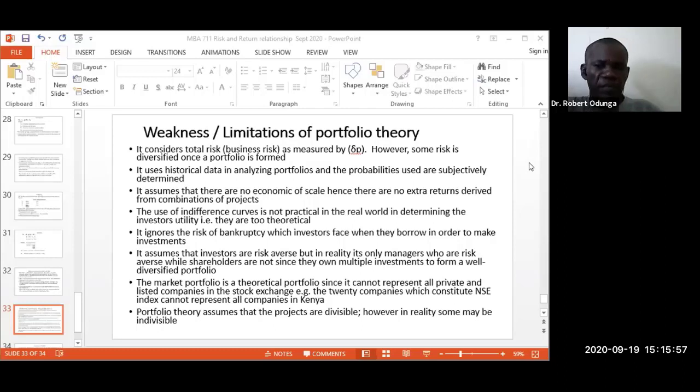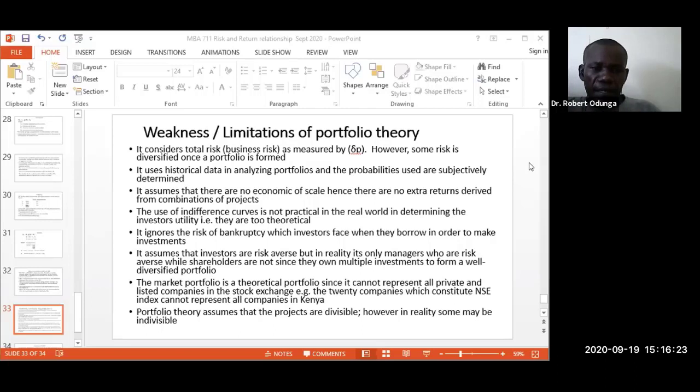So we come up with the probabilities based on the past history or past data, that information that we have about the securities performance. That may not be realistic. That's why we are saying it's subjective, and it's bound to change with changes in the environment.